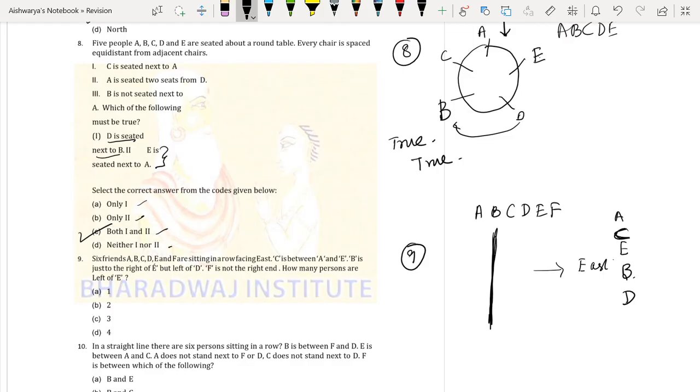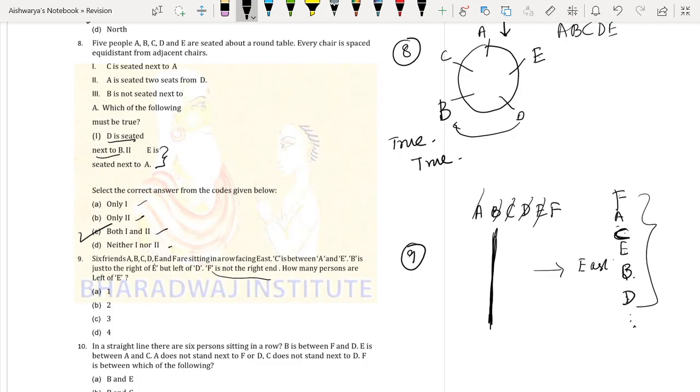F is not at the right end. 1, 2, 3, 4, 5. So I've done A, B, C, D, E. So only F is left. F is not at the right end. This is the right end. This is the left end. Okay. So F is not here. So naturally F has to be here. F cannot come here because C is between A and E. And these positions also clearly mentioned. So this is the order in which it has to come.